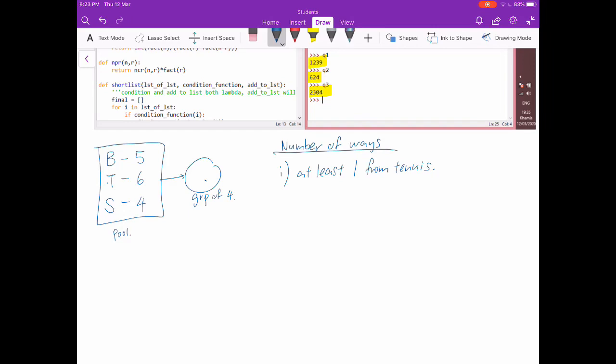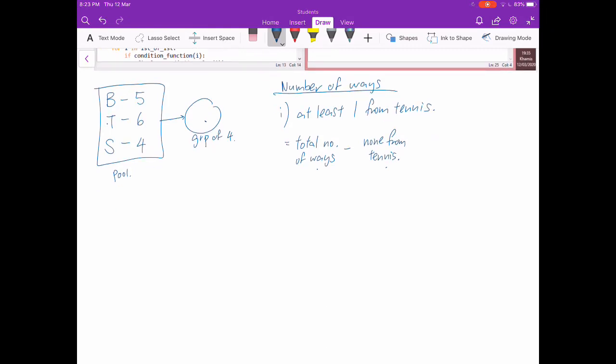I would like to do at least 1 from tennis equals to total number of ways minus none from tennis. That will be easy for me. Okay, is there a way to calculate this? None from tennis. Yes, very simple.